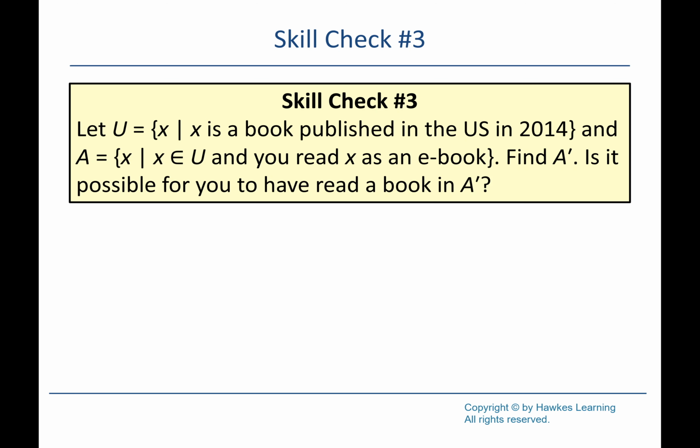And it says find A complement. So A is the set of the books published in the US in 2014 that we read as an ebook. So A complement would be those books that we did not read as an ebook.